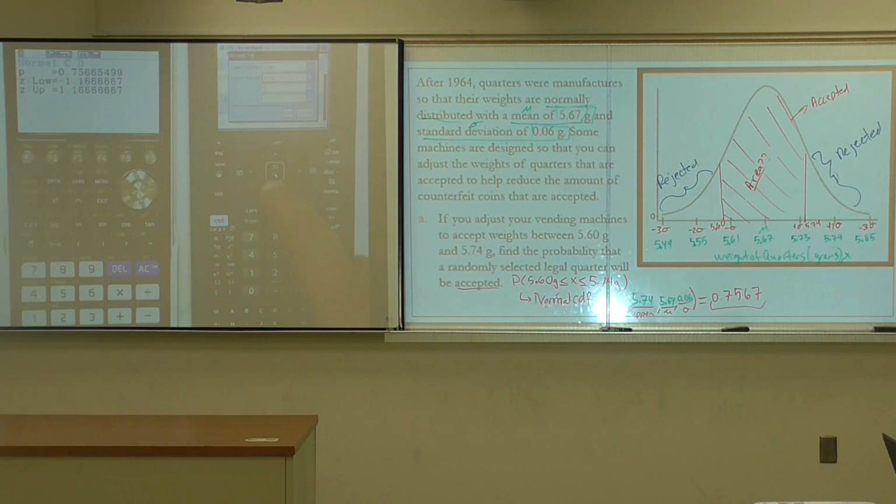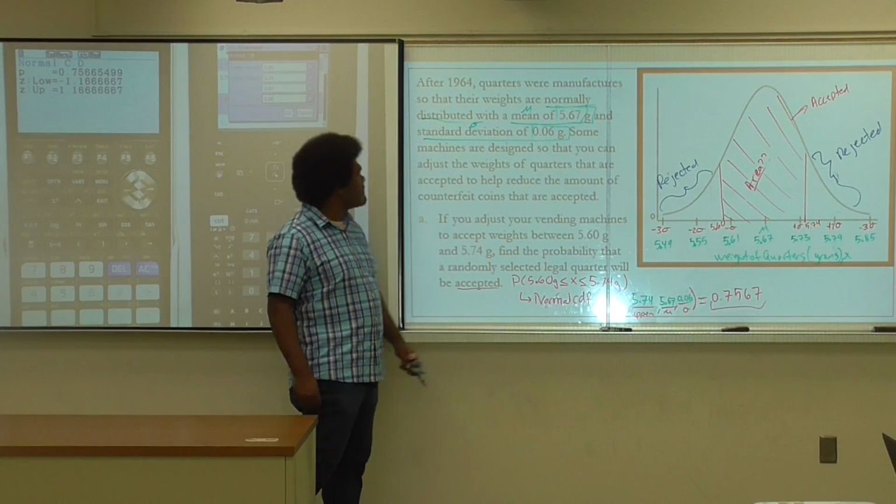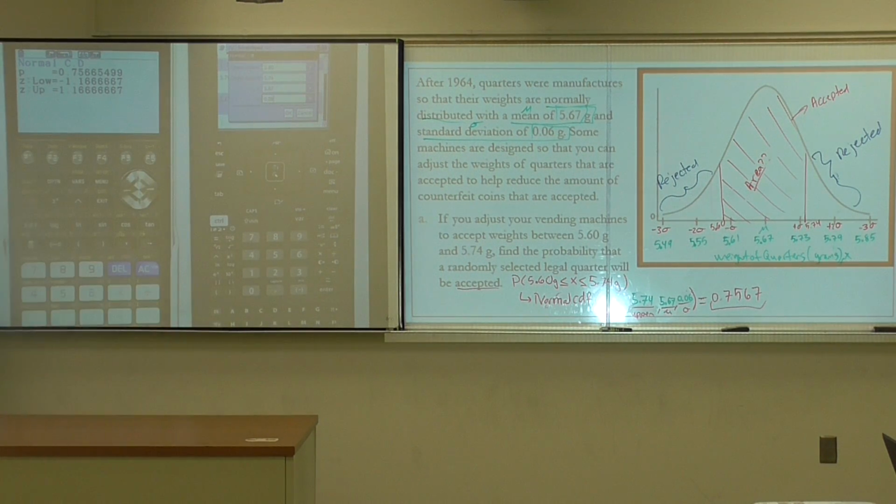Okay, we got that in there. For mu, it's supposed to be 5.67. And for standard deviation, it's supposed to be 0.06. So everything's matching what's said right here for our distribution CDF: normal CDF, lower, upper, mu, standard deviation.